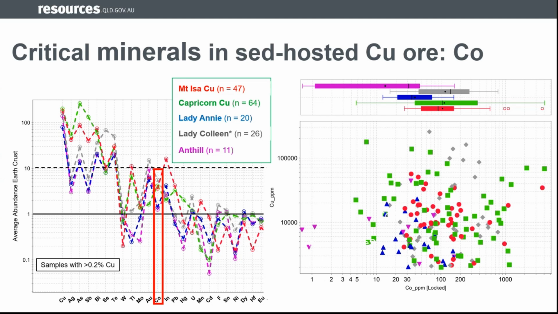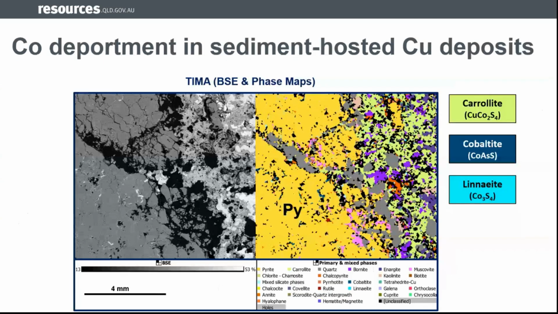In terms of critical mineral potential, they have the common signature of elevated cobalt, and the level of enrichment is comparable to that in IOCGs. Several deposits have a fair bit of their mineralization with cobalt grades comparable to those which are getting recovered as a byproduct elsewhere.